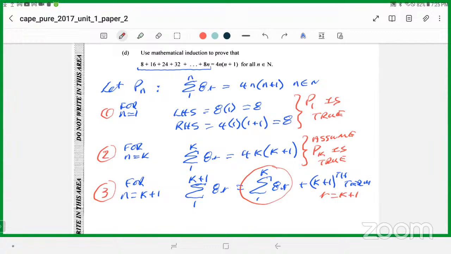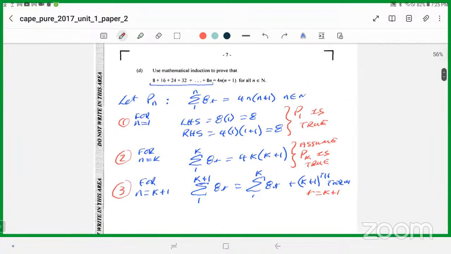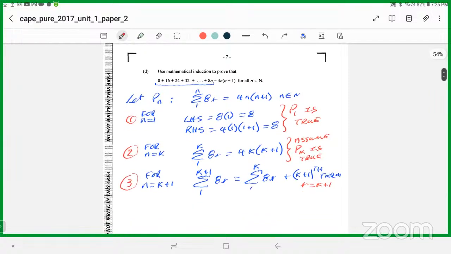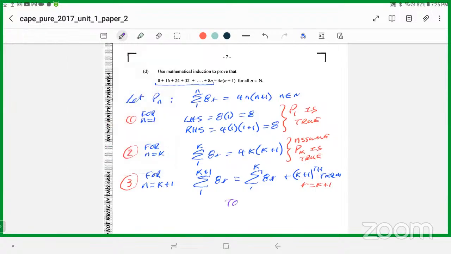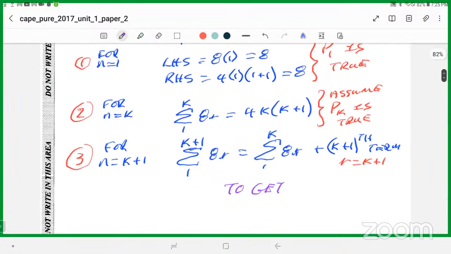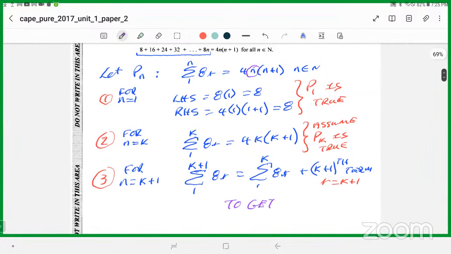We're going to write what we're supposed to get. What is this supposed to work out to? I'm going to put it right here in purple: to get. What we're supposed to get is that the n here and the n here must become k plus 1.